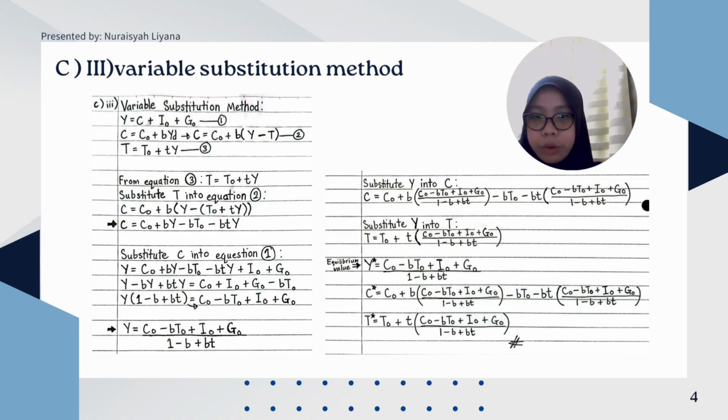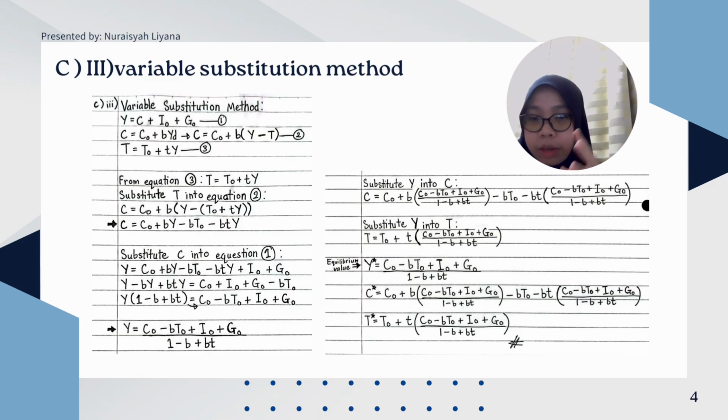So from that we can get the equilibrium values of C and T. So lastly, I write down all the equilibrium values of Y, C, and T. So we get Y star equal to C0 minus bT0 plus I0 plus G0 divided by 1 minus b plus bt.